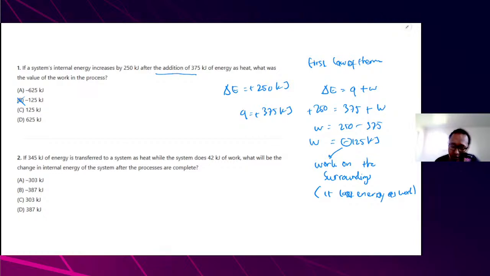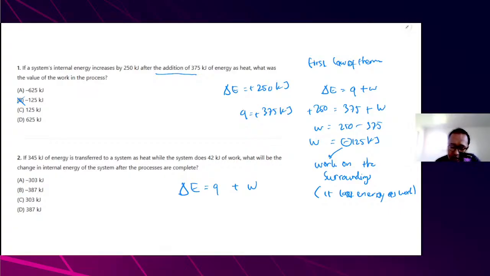The key concept again: delta E = Q + W. Before solving, we need to understand which formula we need to use. It depends on the type of question.